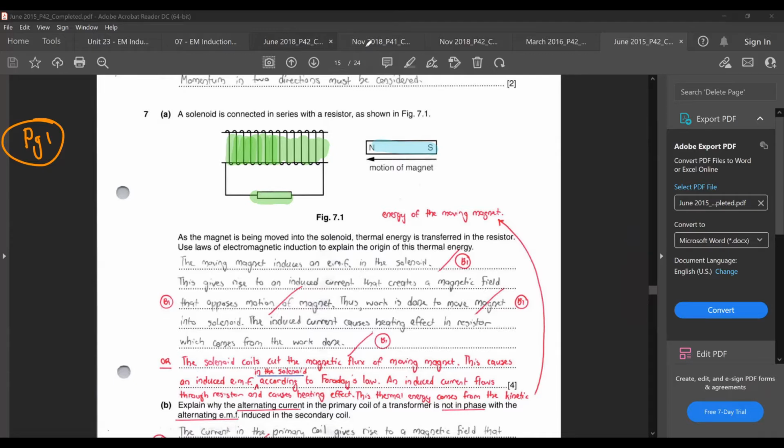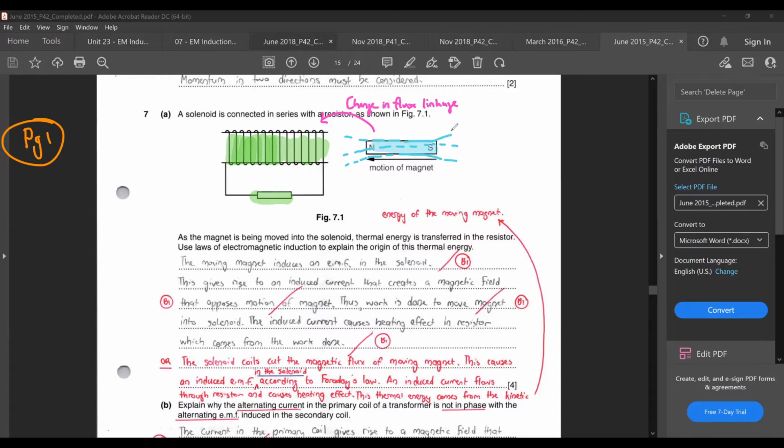Okay, right. So if I have a magnet here and I move it inside the solenoid, you could say that you have a change in flux linkage, because your magnet in itself already has its own magnetic field.